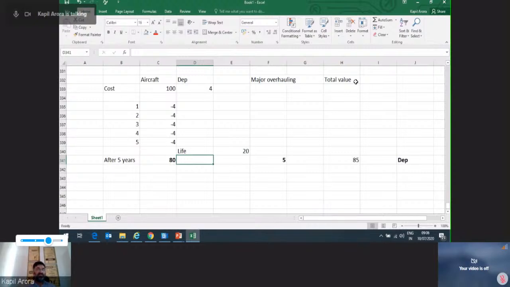But my question comes up: what will happen to major overhauling? Are we going to do the next major overhauling after 20 years? Or what is the life of the major overhauling? This is a new concept which you might not have seen earlier. This time we have two assets within one asset, so there are two components in one asset.